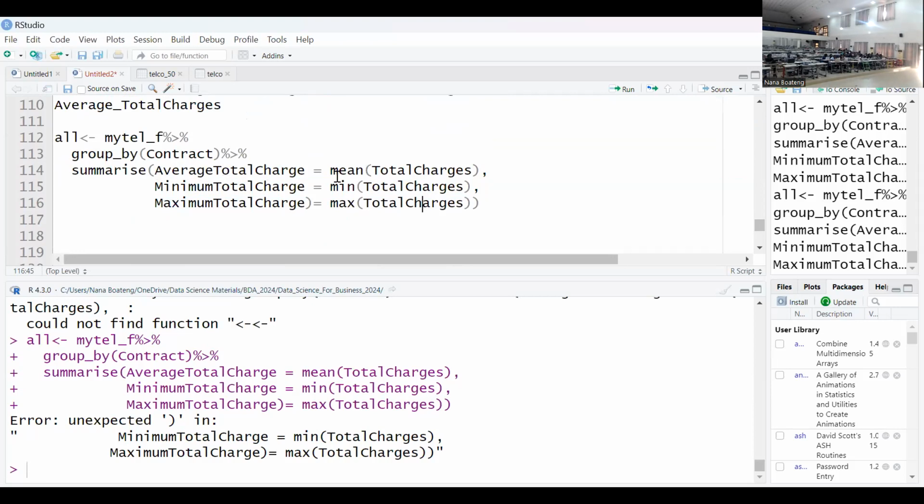Summarize array total charge is this. Minimum total charge. Maximum. It should work. I don't know why. Minimum. Am I missing something here?